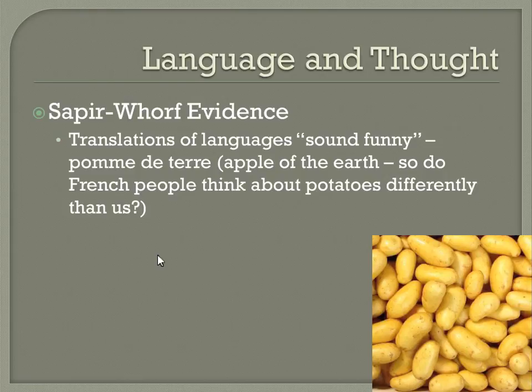They're still potatoes. So the language here would determine our thought about potatoes, but I'd argue we probably don't really think about them differently. But the idea is that because we have these different ways of talking about the same concepts, maybe we do.